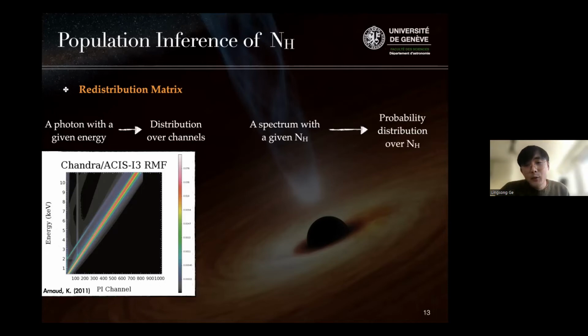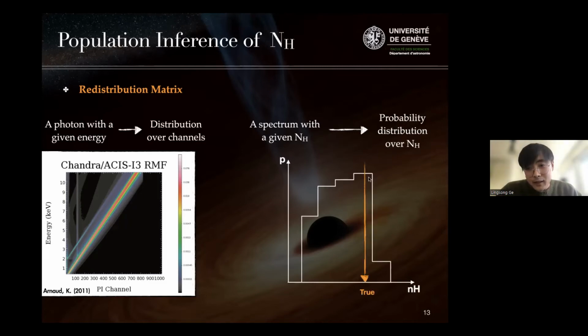Similarly, if we can have some calibrated distribution matrix that maps the spectrum with a given NH to the probability distribution over NH, which is simply the PDF, then we could take care of this similar behavior of the redistribution.